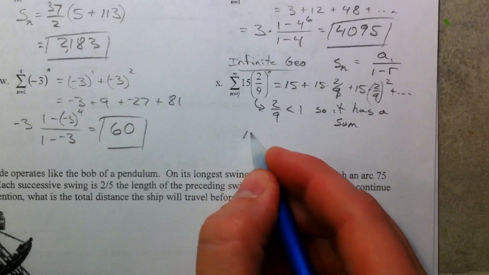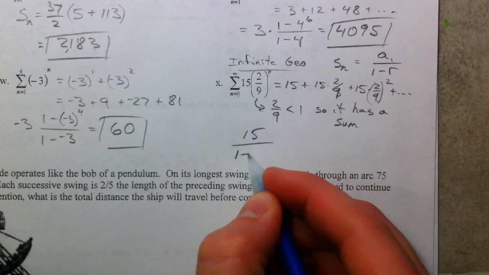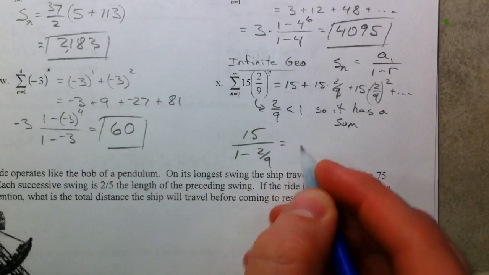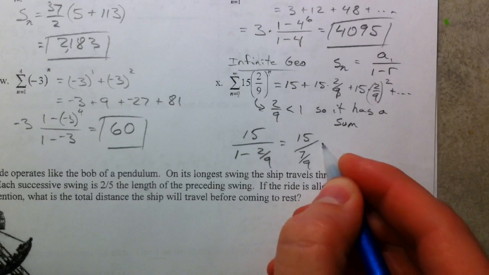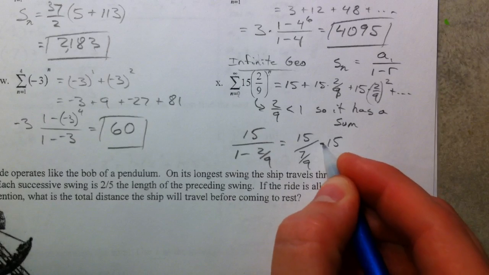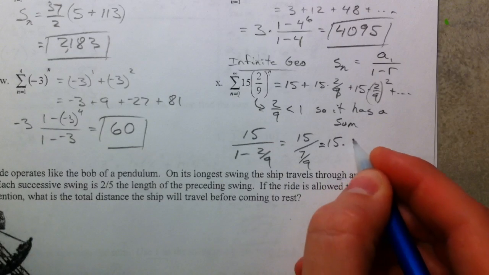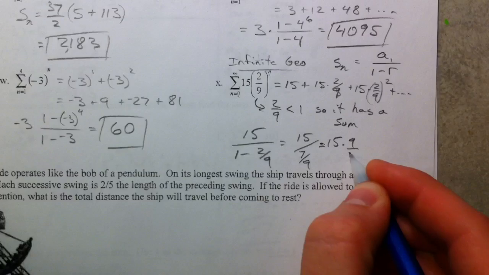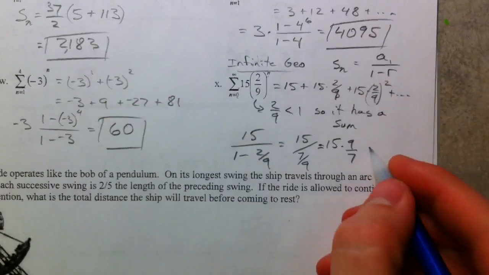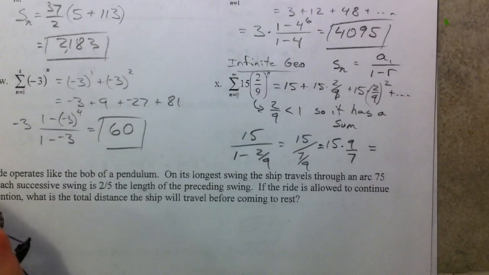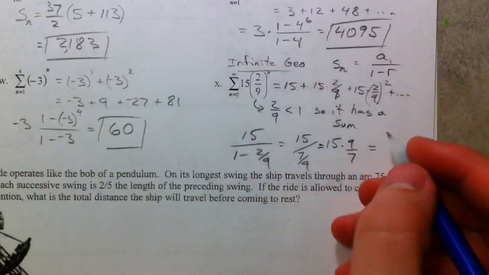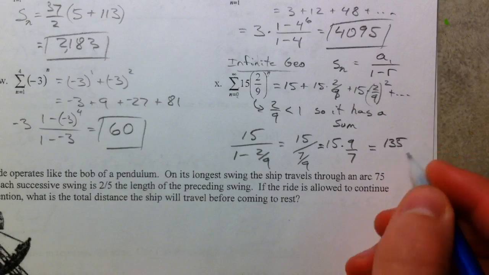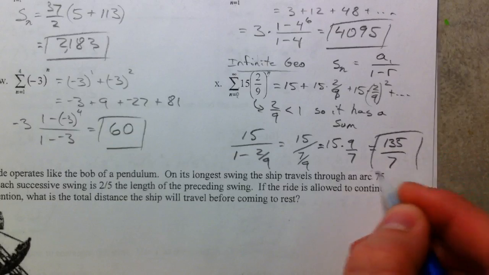And so our first term is 15, divided by 1 minus 2/9, which is 7/9. That gives 135/7.